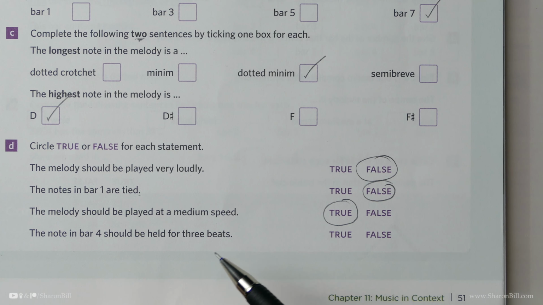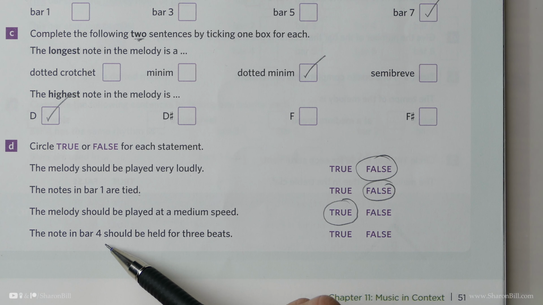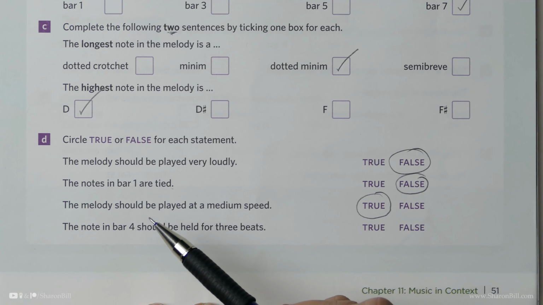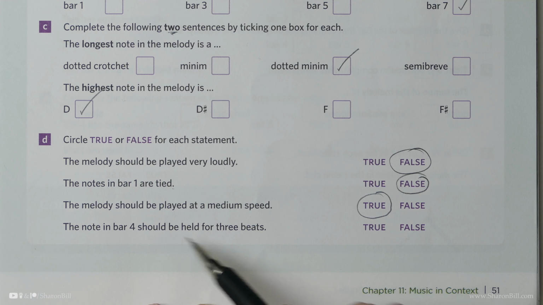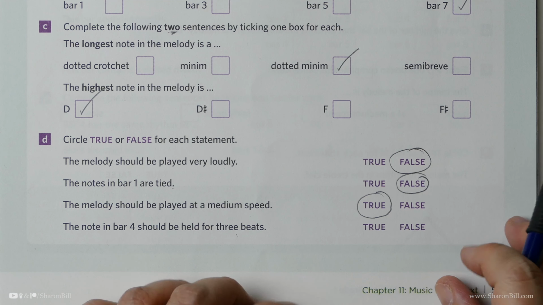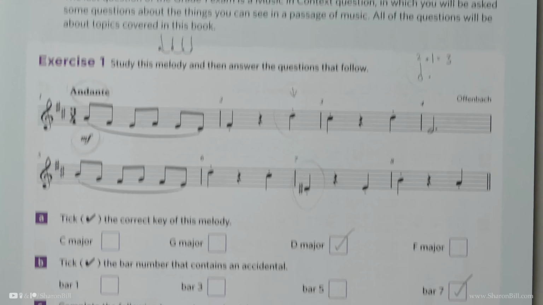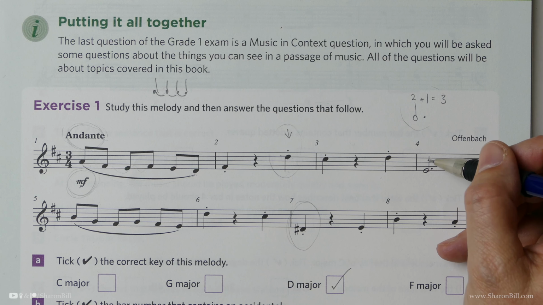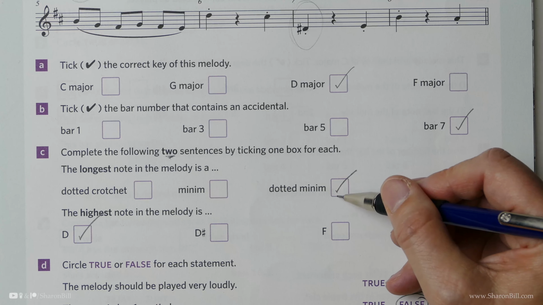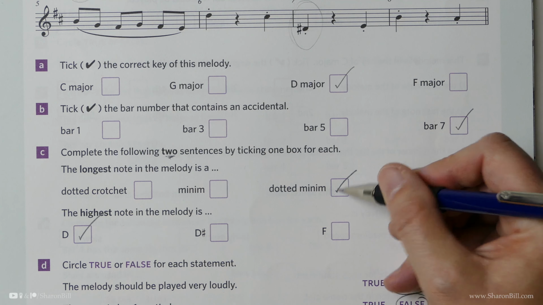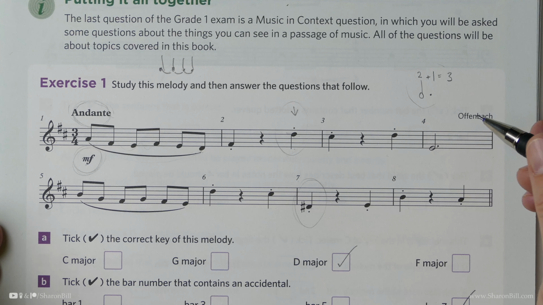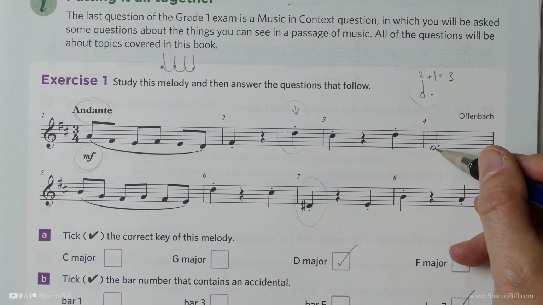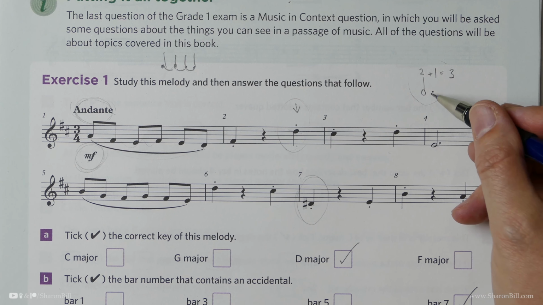Is it true or is it false that the note in bar 4 should be held for 3 beats? Let's go back to bar 4. Well, we've already answered this question actually, haven't we? Because we've already answered that the longest note of the melody is a dotted minim. And so whilst we were working that out, we've already worked out that this dotted minim is worth 3 beats.